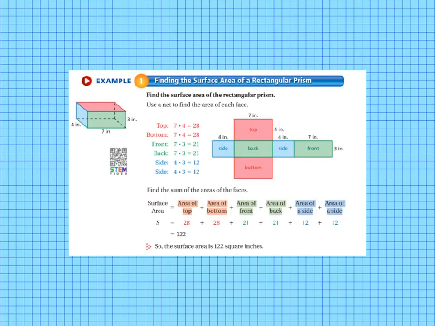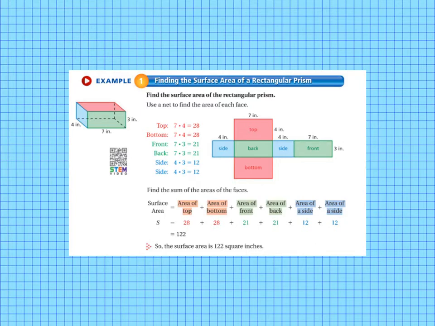Now let's take a look at example 1. We are finding the surface area of a rectangular prism. Our directions ask us to find the surface area of the rectangular prism that is shown here, and it says use a net to find the area of each face. It shows the flattened out version.